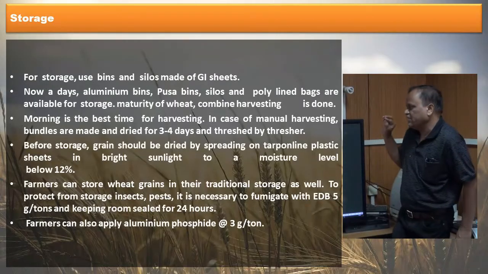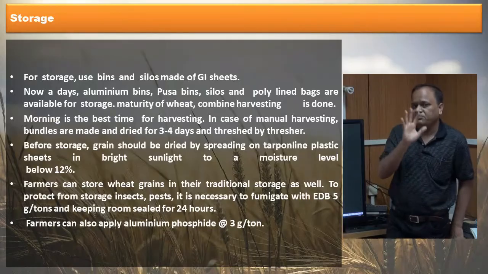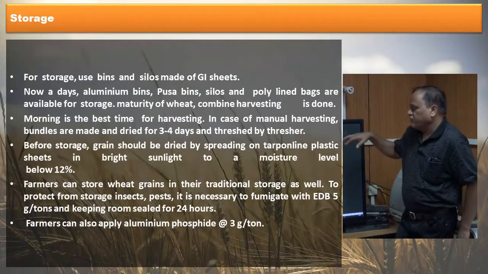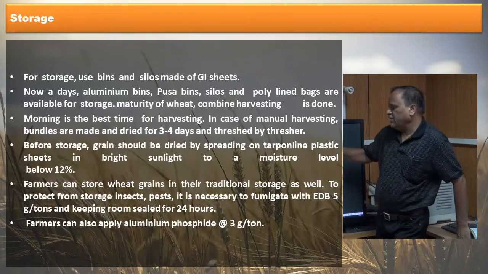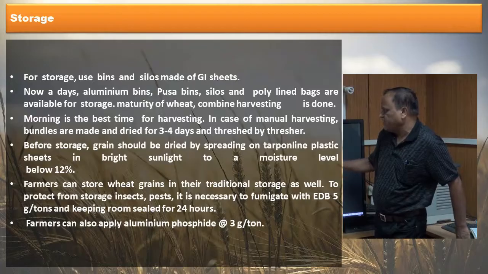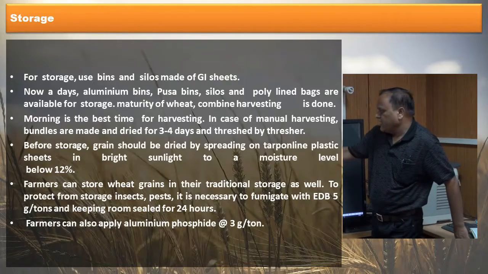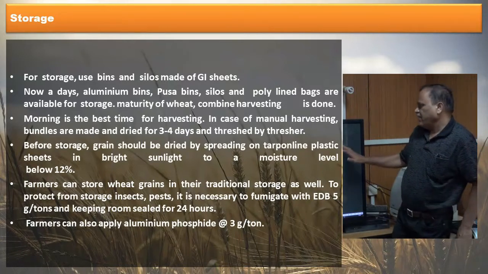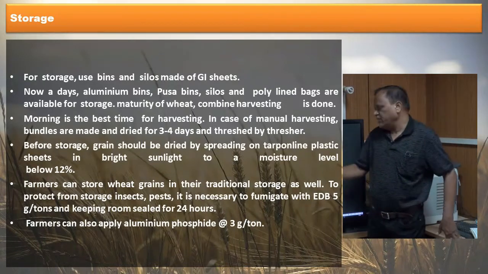So for storage, you can use bins and silos made of GI sheets, galvanized sheets. Nowadays aluminum bins, Pusa bins, silos and poly-lined bags are available for storage.